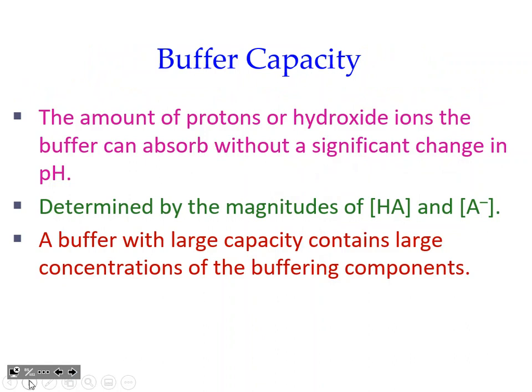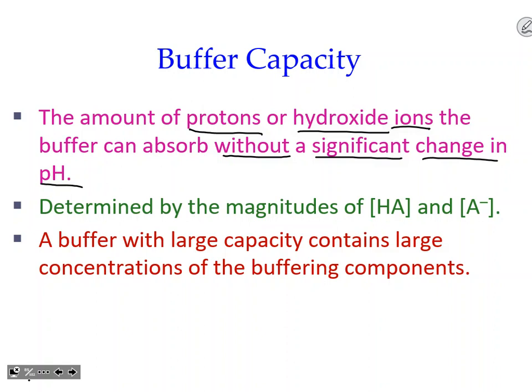It's the amount of protons or hydroxide ions that the buffer can absorb without a significant change in pH. So that is a buffer capacity. How much can it withstand before it has a dramatic change?